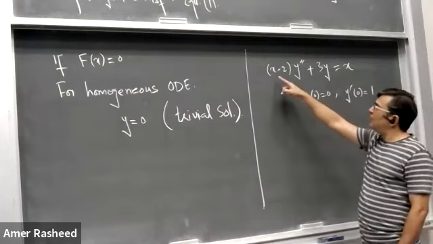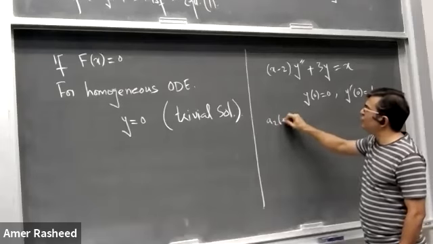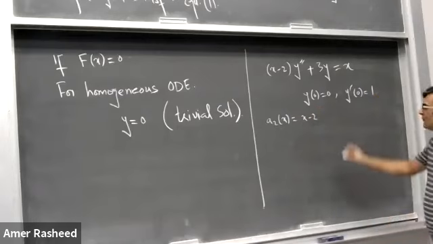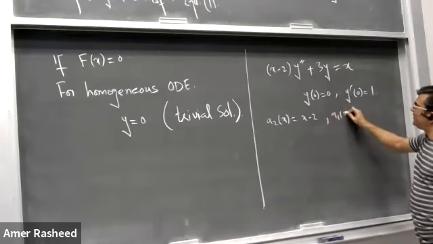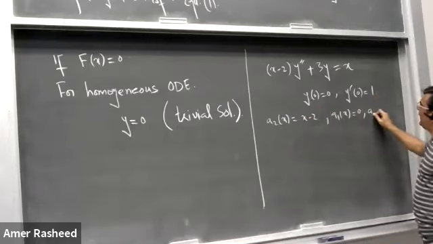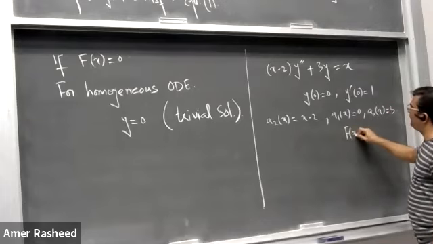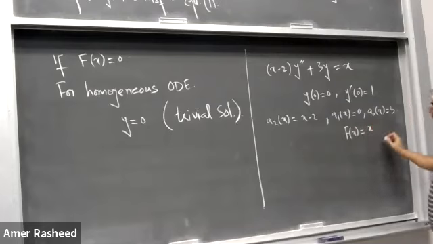Again, we write the coefficient functions: a2 of x is x minus 2, a1 of x is 0, and a0 of x is 3. And the right-hand side function f of x is x. And we take for all x belongs to R. Now, this is the problem.